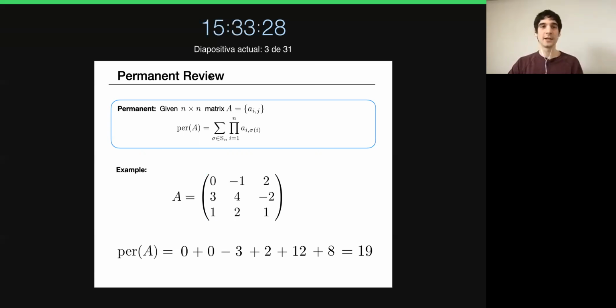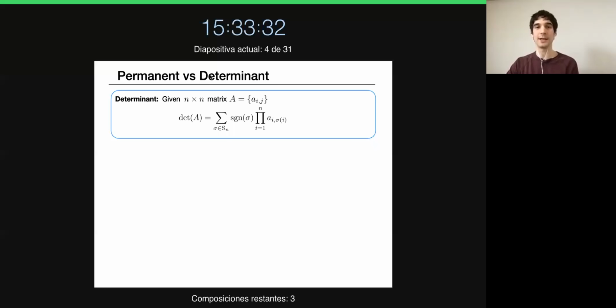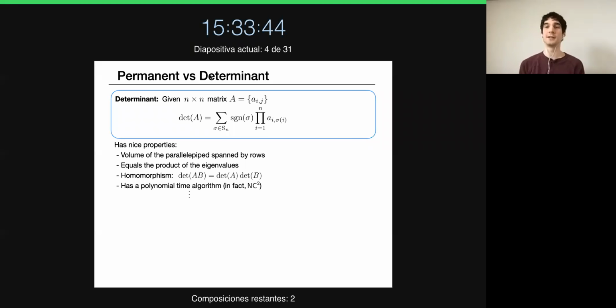And the way that I like to think about the permanent is by contrasting it with the determinant. The determinant is superficially very similar to the permanent. It only differs in its formula by this sign term, and yet the determinant has a lot of really nice properties. It's the volume of the parallelepiped spanned by the rows of the matrix, equal to the product of the eigenvalues of the matrix.